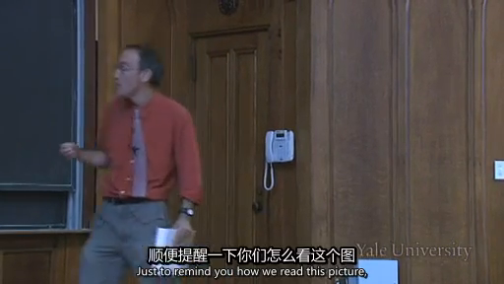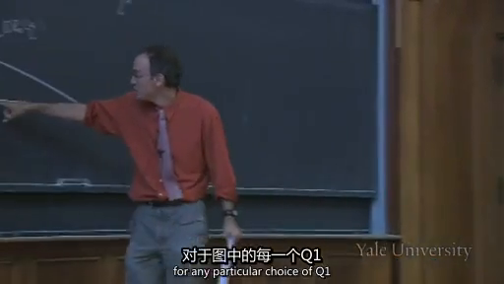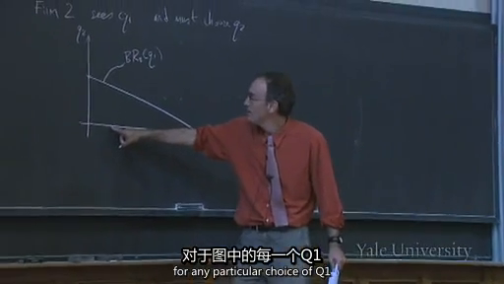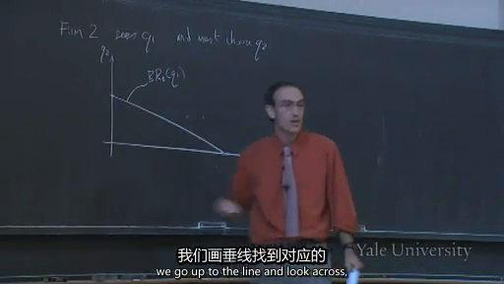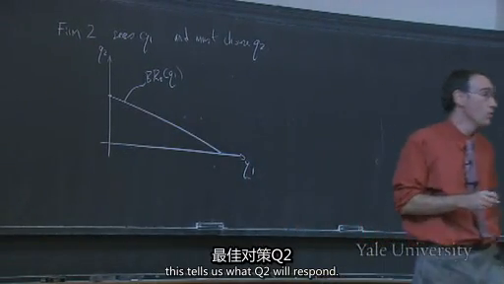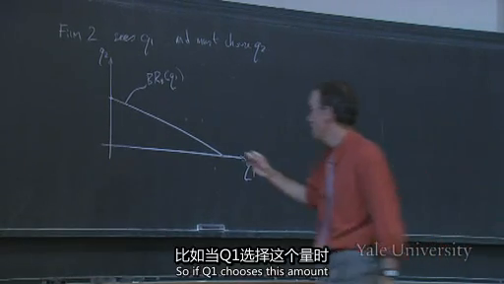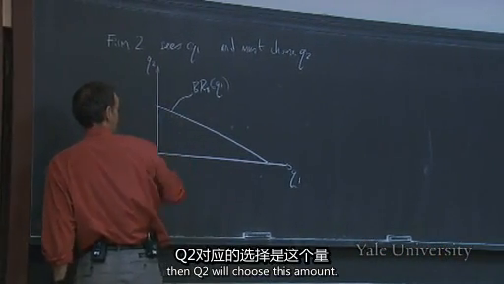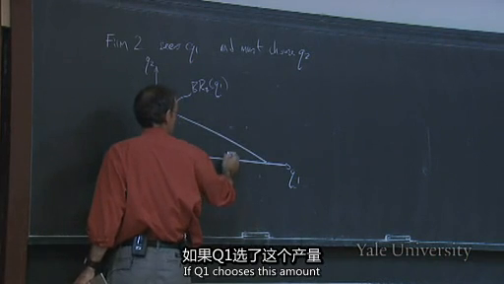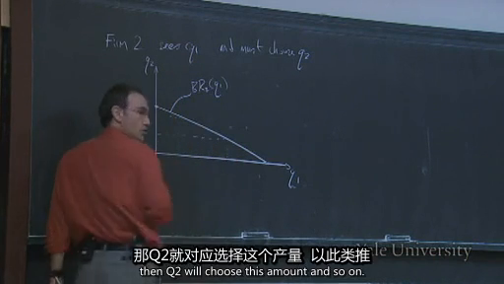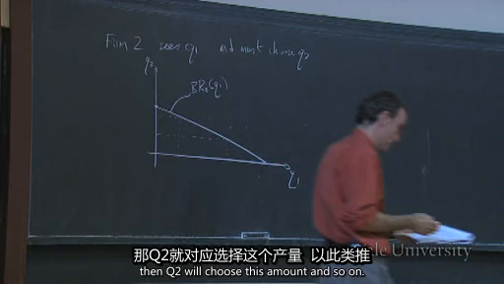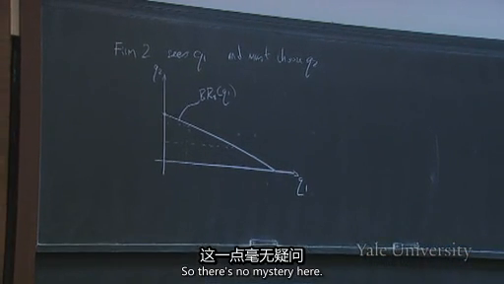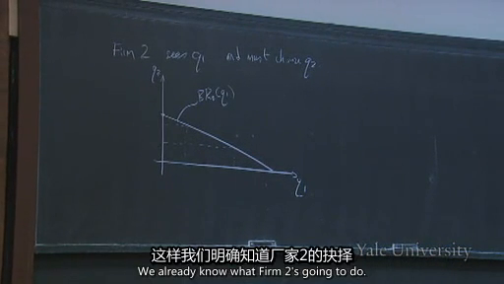And just to remind you how we read this picture, for any particular choice of Q1, if we go up to the line and look across, this tells us what Q2 will respond. If Q1 chooses this amount, then Q2 will choose this amount, and so on. So there's no mystery here. We already know what firm 2 is going to do.